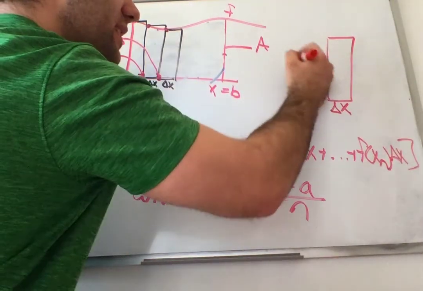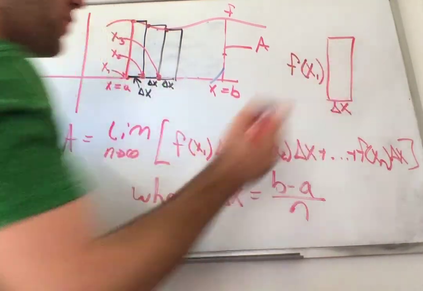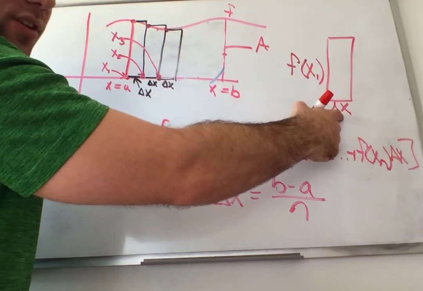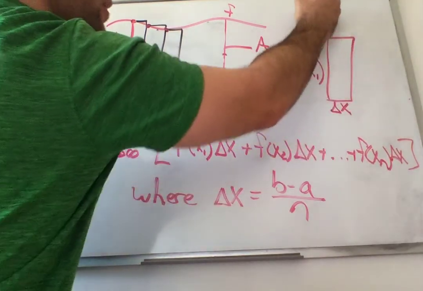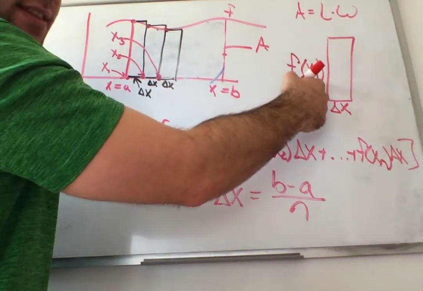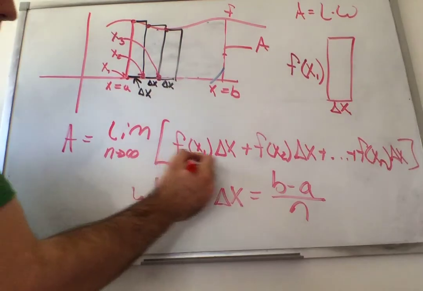So the height here, f of x1, that's the height of the rectangle, that's the width of the rectangle. How do you find the area of a rectangle? Area of a rectangle is length times width. If I take the length, multiply it by the width, that's what we have here.